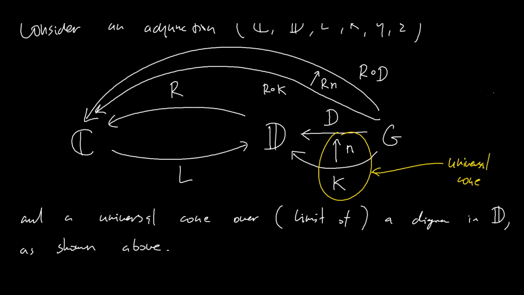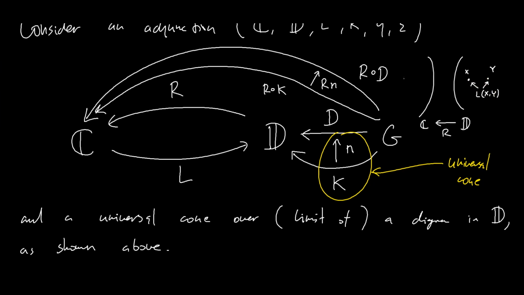So imagine, for example, you had a product in the category D. So this is the category D, and this is the category C. We have, let's say, two objects, X and Y, and the limit of those two objects, which comes with these projection maps. If I have a functor from D to C called R, I could apply the functor R to each of these entities.